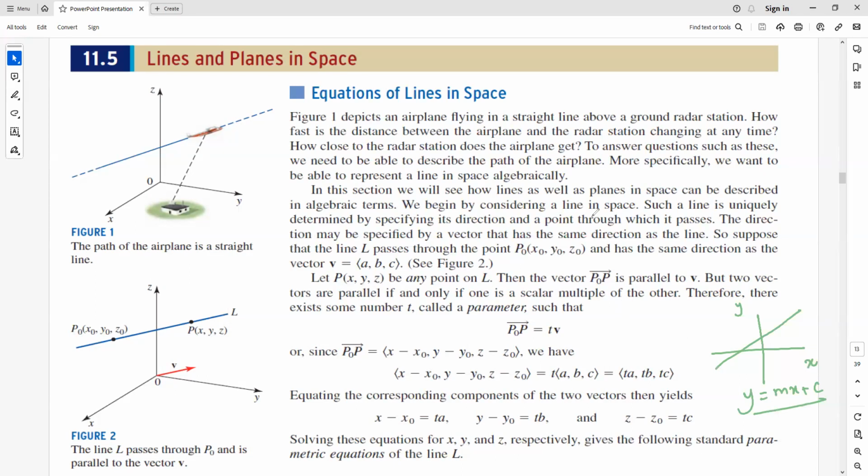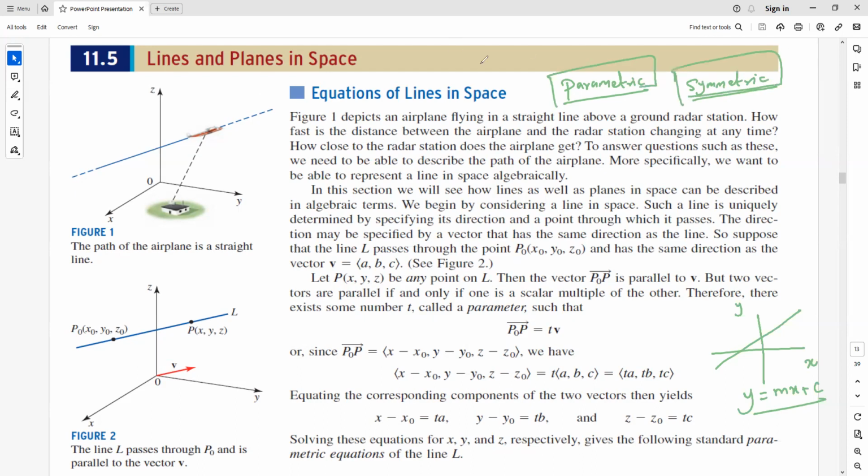Now in the case of 3D, what we do is we write the equation of a line in parametric form. So we have the parametric representation, and also we have the symmetric equation of a line. In general, these two representations are used in three-dimensional space.